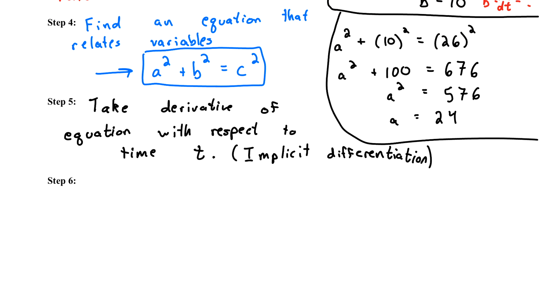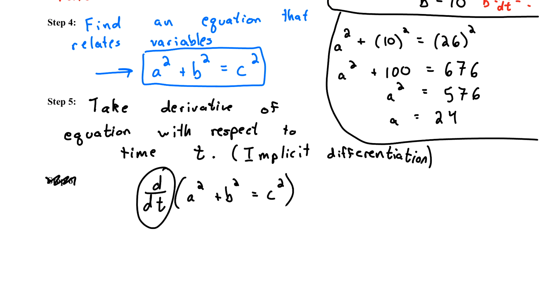You can also think about it as the chain rule here. So I'm going to take the derivative of a squared plus b squared equals c squared. I'm going to be taking the derivative of this equation with respect to time. So I'm going to have d over dt.